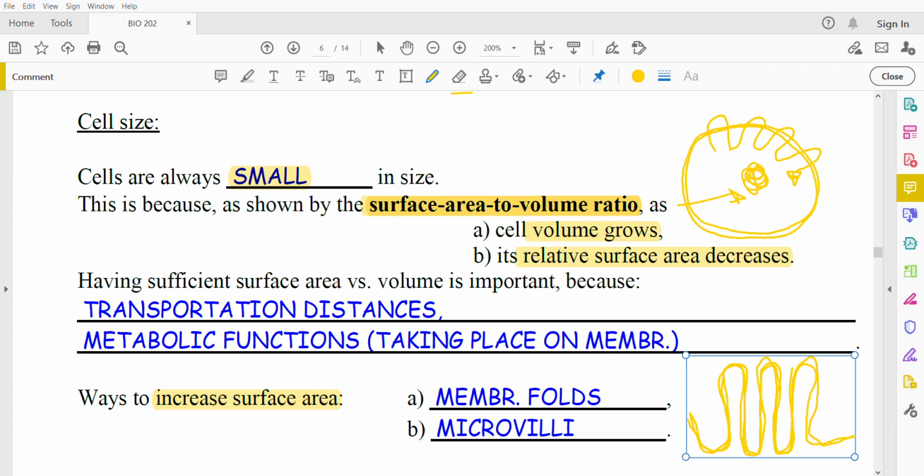Even if the cell grows in size, let's include a lot of surface area by doing this. And later in your studies in biology, if you start looking at, for example, the digestive system, the structures where we want materials to be absorbed, there we end up finding a lot of these microvilli or membrane folds. So there's a lot of surface area for materials to cross into the cells.